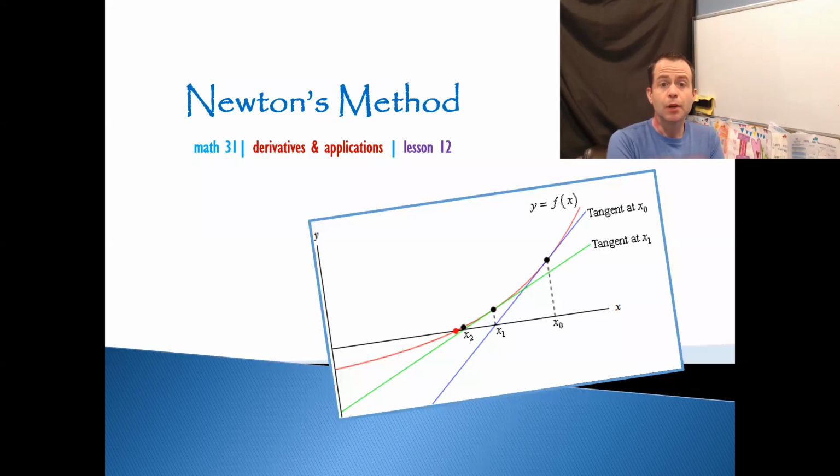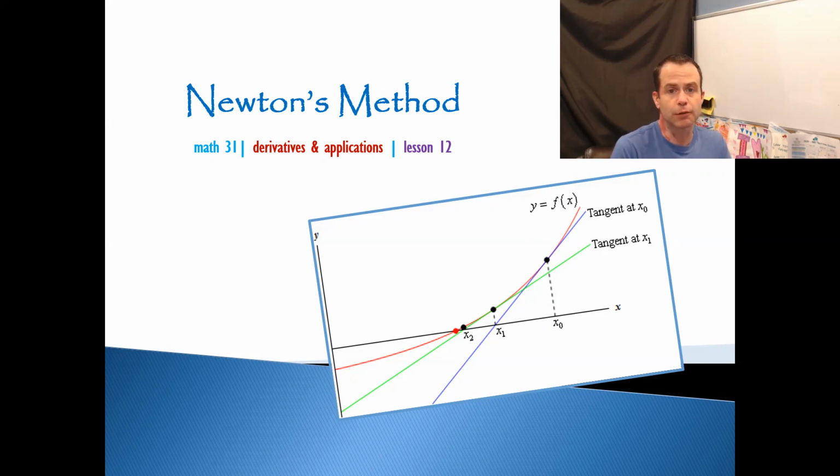Hey everyone. Okay, so our last lesson in the derivatives unit focuses on Newton's method. Now this is really actually very, very cool. I want to remind you that part of calculus is we are trying to figure out how to solve for things without graphing technology, right?